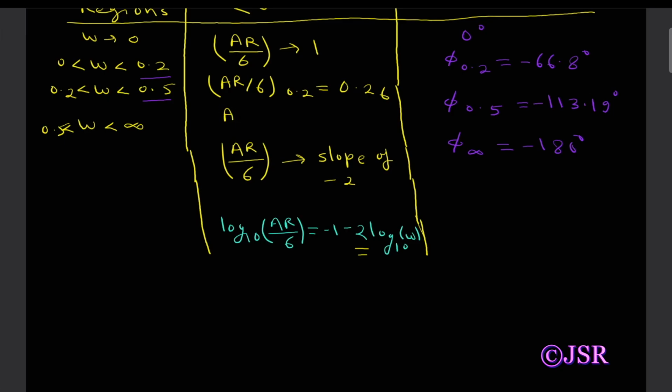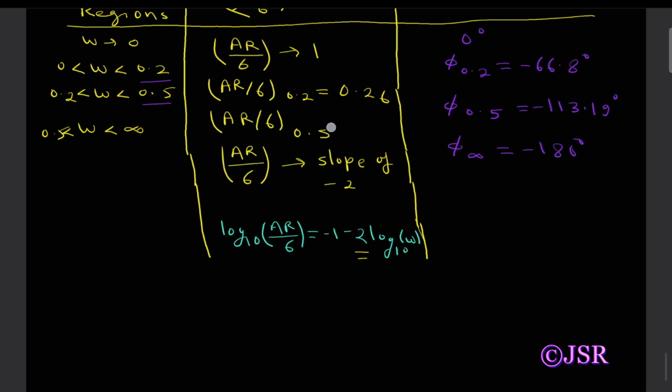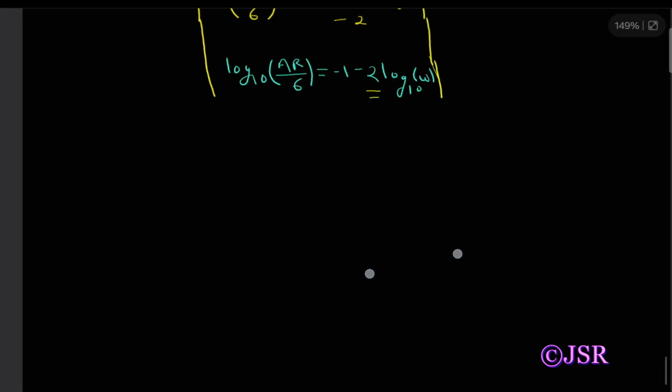Similarly, when omega lies between omega C2, that is 0.2, and 0.5, the amplitude ratio AR by K at 0.5 is given as 0.65. So using this information we can plot the gain diagram.